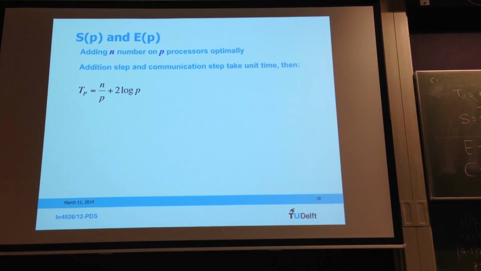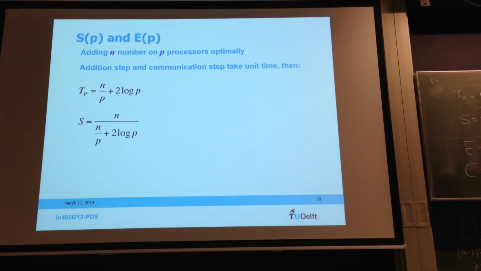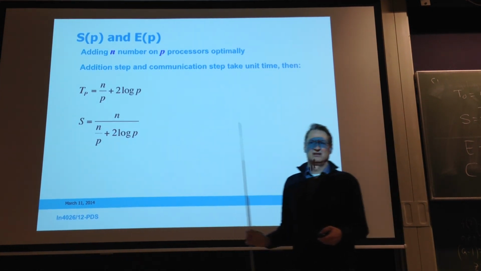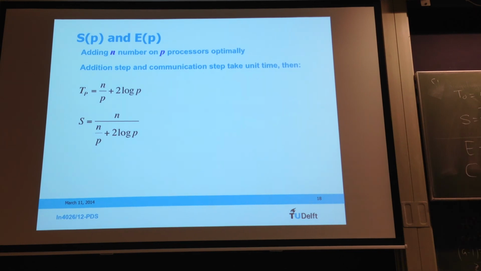This is of course not realistic because the ratios are usually somewhat different, but for the example, this holds. Then the speed up is just n over n plus p plus 2 log p. Actually it's n minus 1, but for the sake of convenience and easy formulas, I have just substituted n instead of n minus 1.